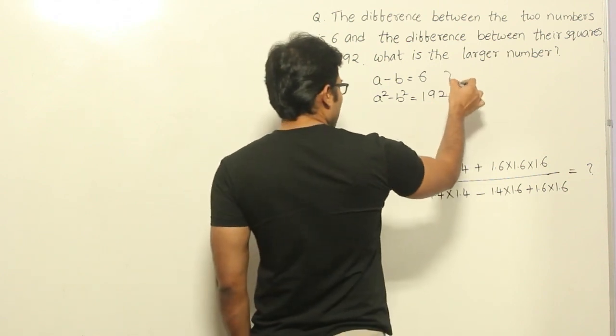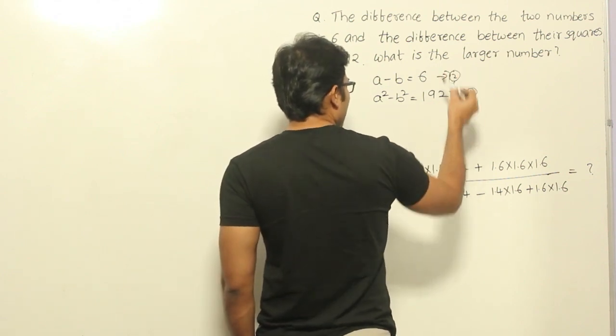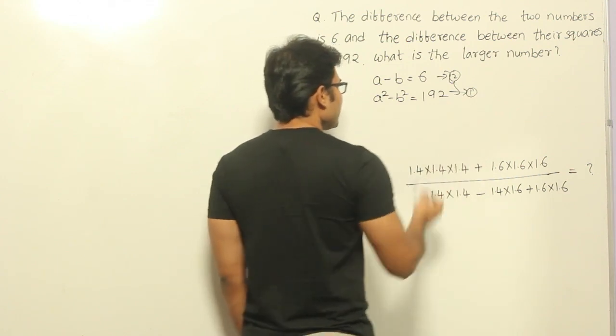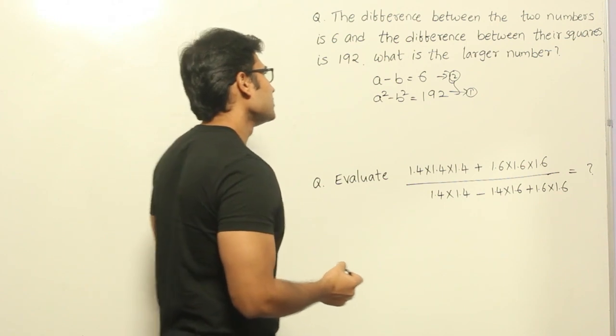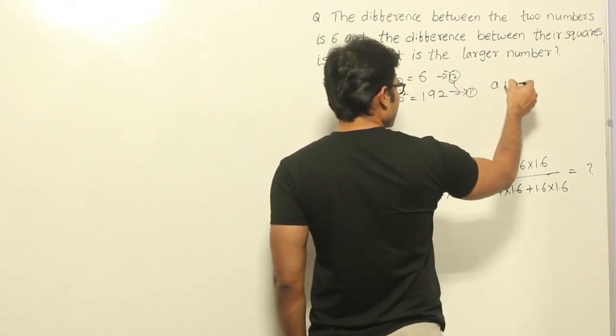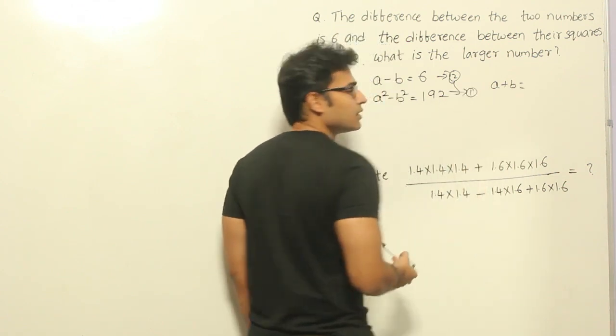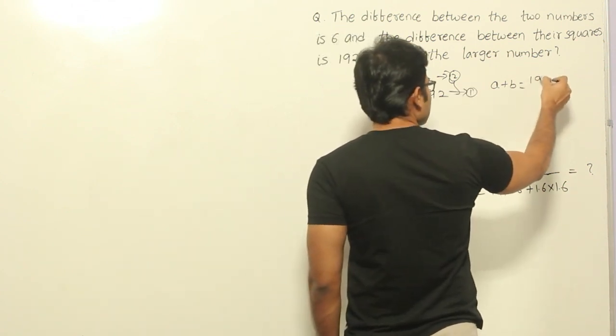Now if you observe this, if I call it 1 and if I call it 2, if I divide 1 by 2, then a square minus b square can be written as a plus b into a minus b. Now if I divide with a minus b, then I am going to get a plus b on the left side. So that equals 192 divided by 6.